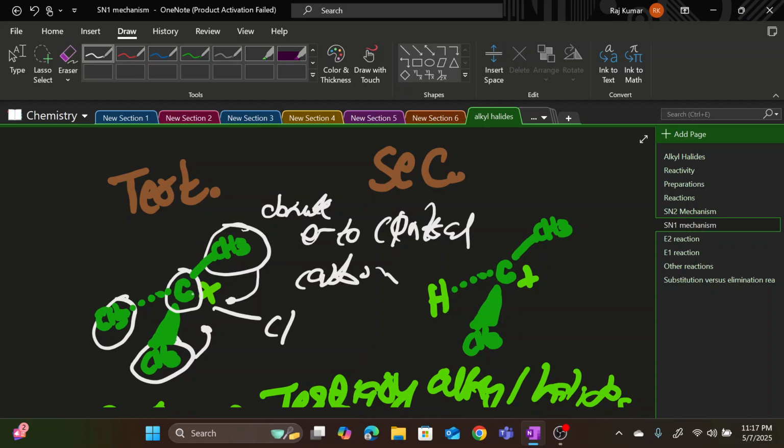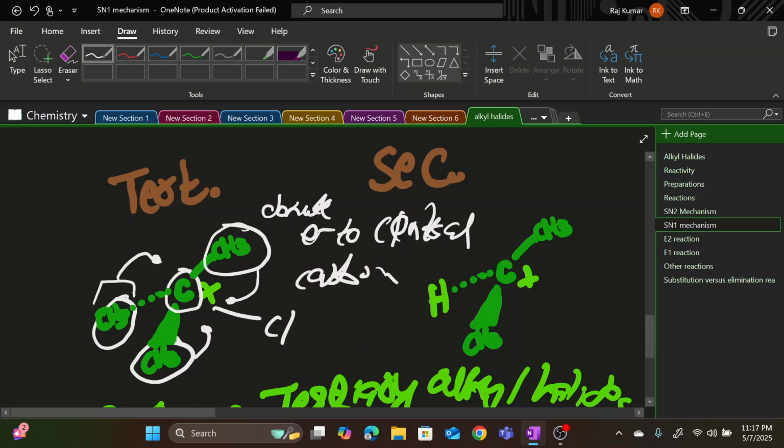This inductive effect, this effect of the bulky groups which donate their electrons, makes the central carbon unstable, and that makes it capable of leaving the leaving group very easily.